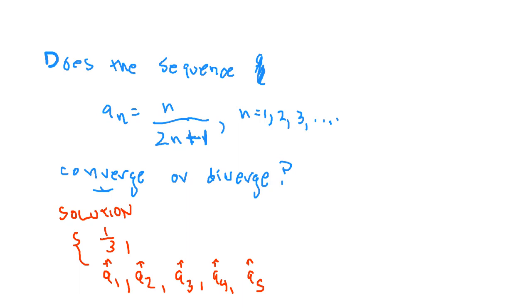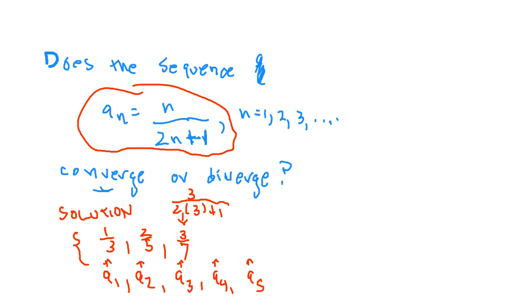Good, D'Angelo, 2/5. What's the third term when n is 3? 3/7, good, D'Angelo. I'm getting that by taking 3 and then taking 2 times 3 plus 1 in the denominator. That's the formula, right?